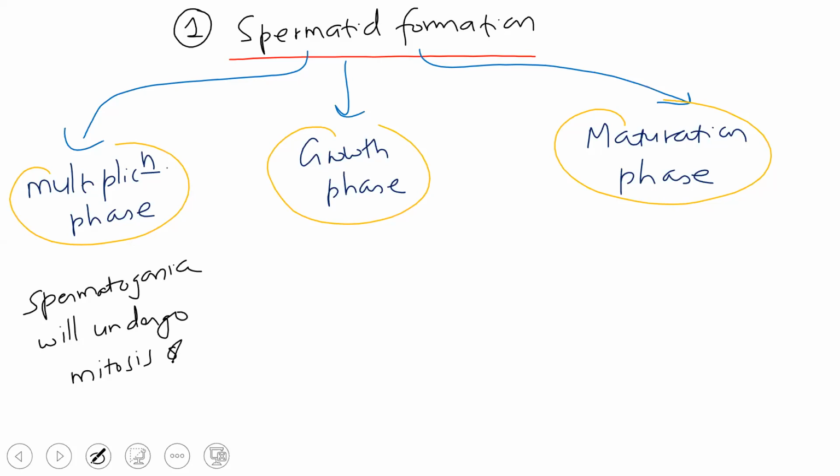And produce primary spermatocytes. These primary spermatocytes will grow.